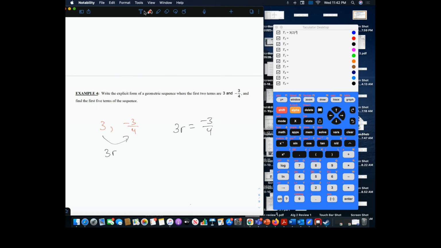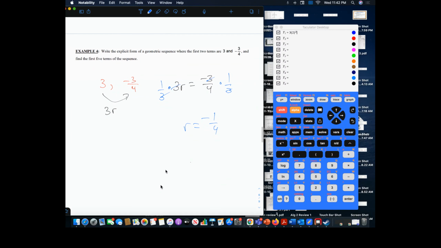Whenever I play with fractions, I like to multiply by a fraction. So instead of dividing by 3, I'm going to multiply by 1/3. I just think it's clear on the other side. This gives me negative 1/4, which is r. So I'm multiplying by negative 1/4, which is pretty obvious if you think about it, because 3 times negative 1/4 is just negative 3/4. Okay.